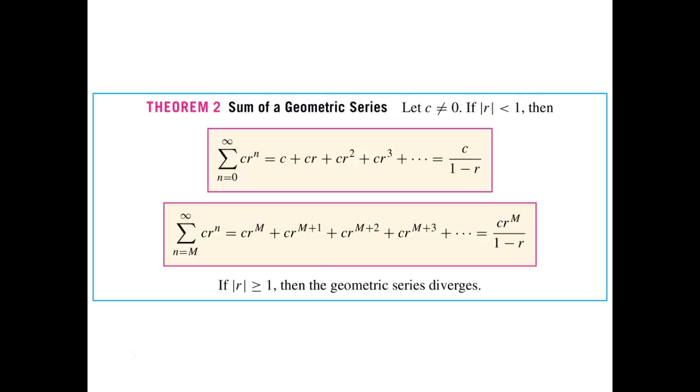Now, if r is equal to plus or minus 1, or greater than 1, or less than minus 1, the absolute value of that being greater than or equal to 1, the geometric series diverges with no hope of converging at all. So that's the requirement. The absolute value of r has to be less than 1.